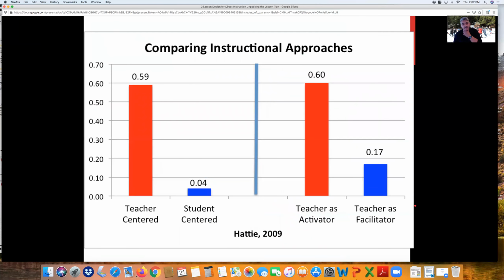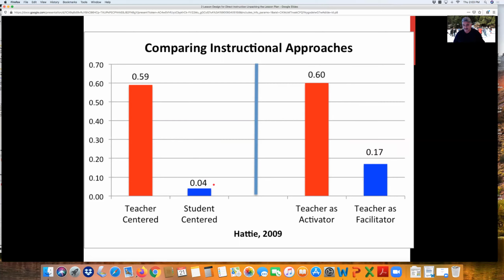A couple of slides I want to show you in his work that are very interesting. Look at some of the differences. Contrary to what people might think, teacher-centered lessons really impact student learning when teachers are driving the lesson and being very active as a teacher. Student-centered can flounder a little bit, especially in the hands of an inexpert teacher.